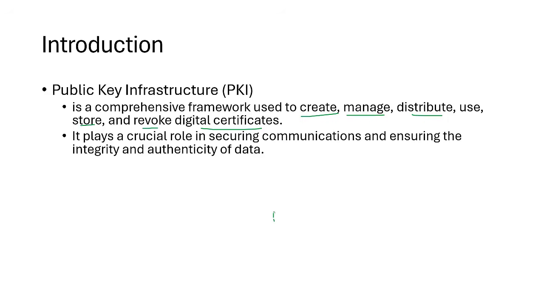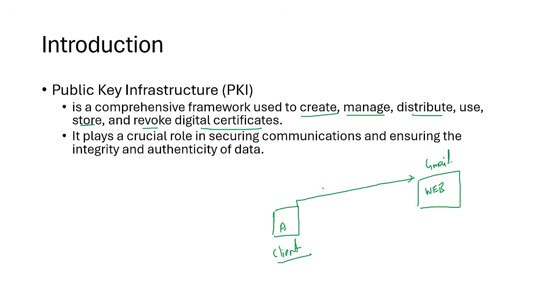We have a system A, which is a client. Okay, this is your website. Let's take the example that this website is Gmail. Now, when the client types https gmail.com for the first time, he sends a request for access to Gmail.